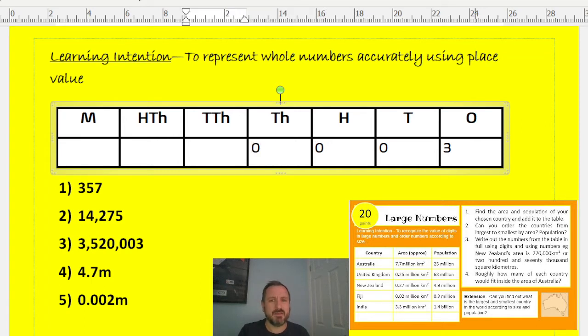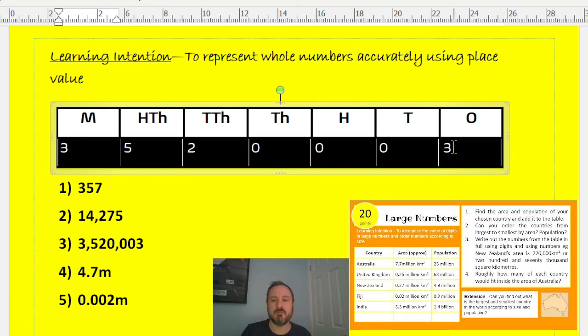But we had 20,000, so that's 2 10,000s. We've got 500,000, so there's going to be a 5 there. And then the 3 is going to go into the millions column just there. So the number was 3,520,003. Let's get rid of those numbers and we'll do the next one.